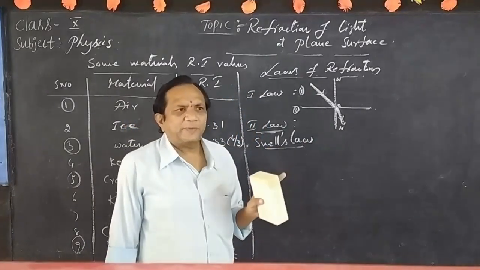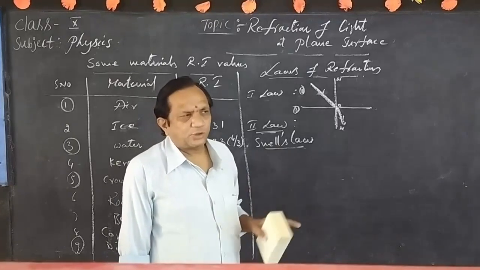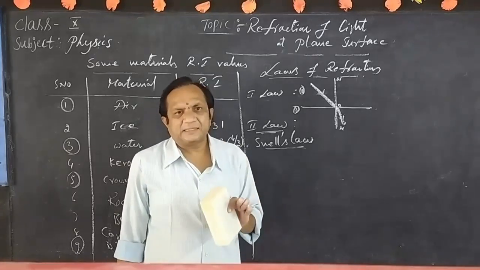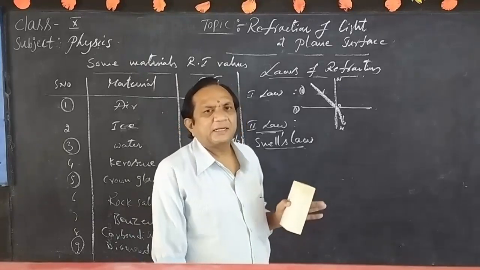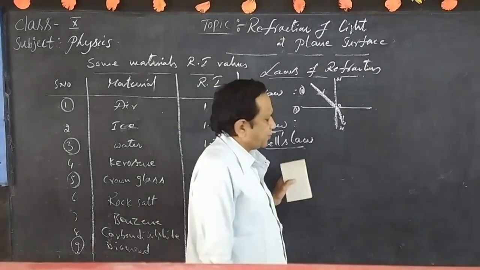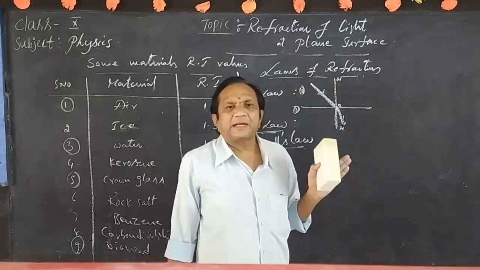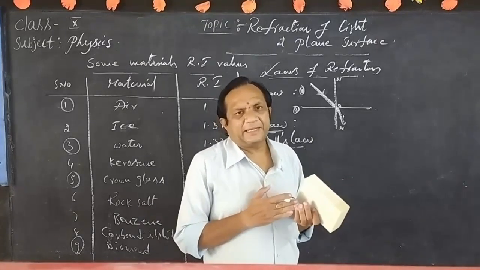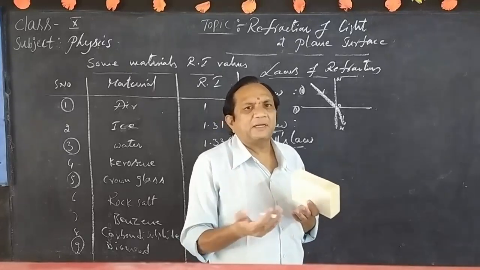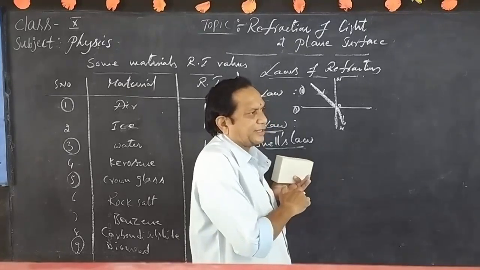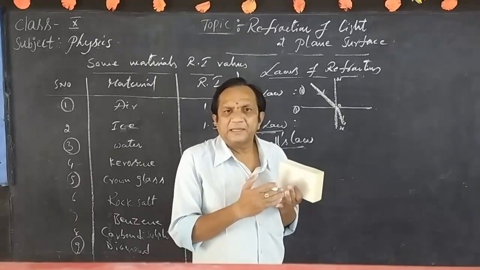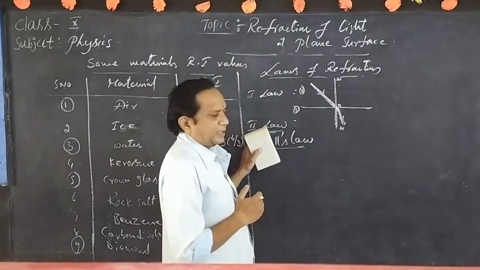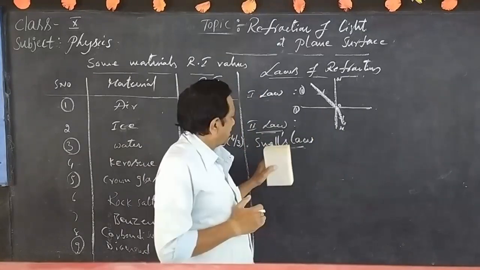Here, the ratio is between the sine of the incident angle and the sine of the refracted angle. Sine is a trigonometrical ratio. In mathematics you know sine, cos, tan are the main three, and their reciprocals are the remaining three. Here we consider the sine ratio: the sine of the incident angle to the sine of the refracted angle is the second law of refraction, or otherwise Snell's law.